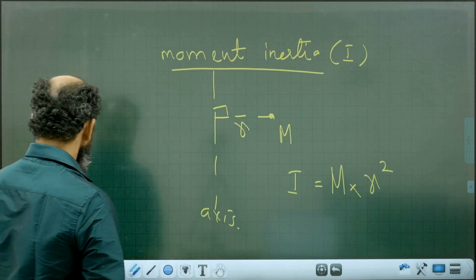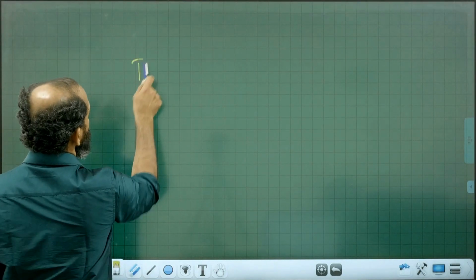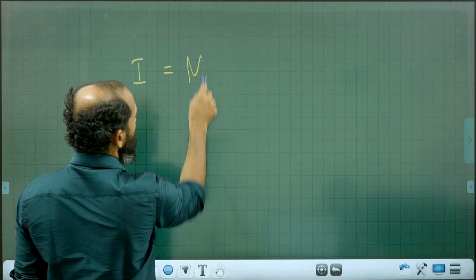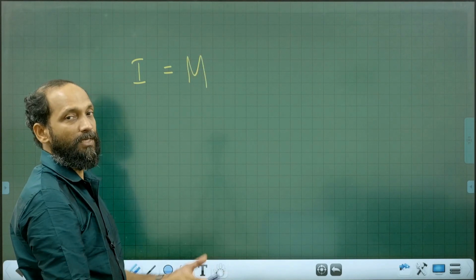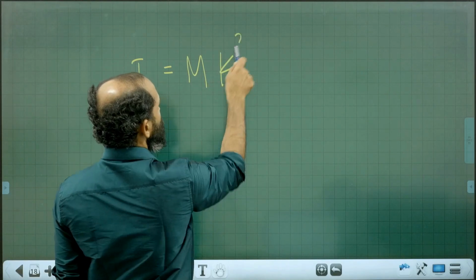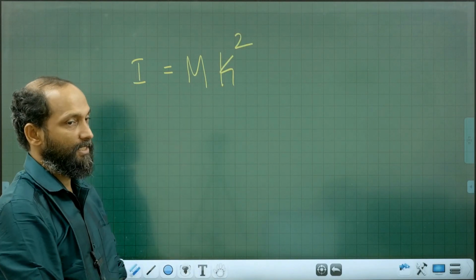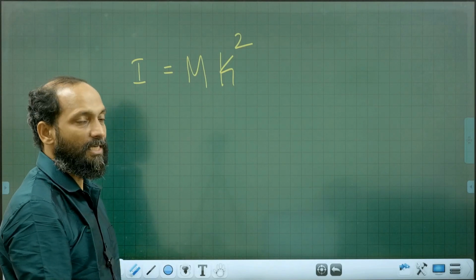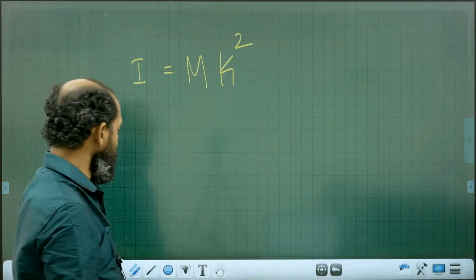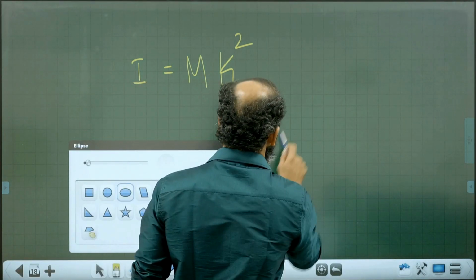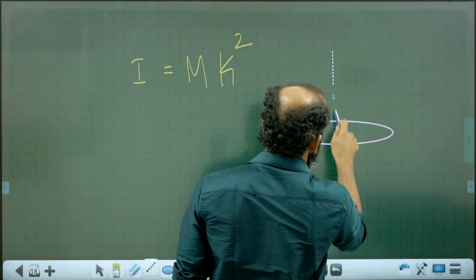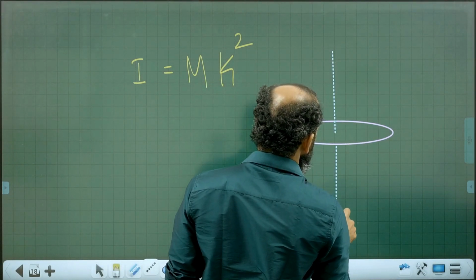Okay, the general equation for moment of inertia therefore leads to mass of the rigid body into k square, where k is the radius of gyration. What is the radius of gyration of a thin uniform ring about the axis of rotation?